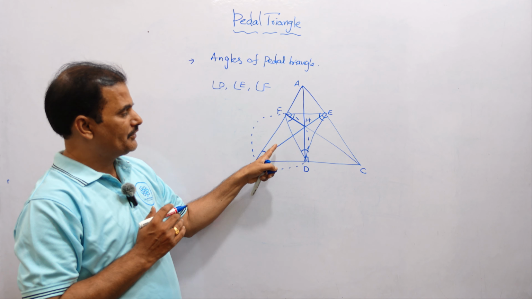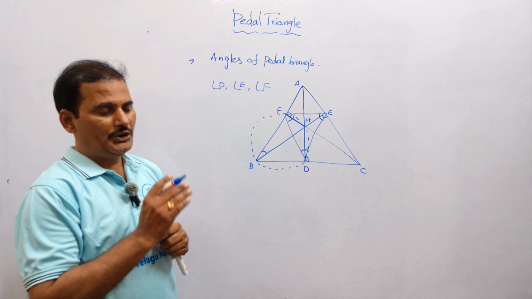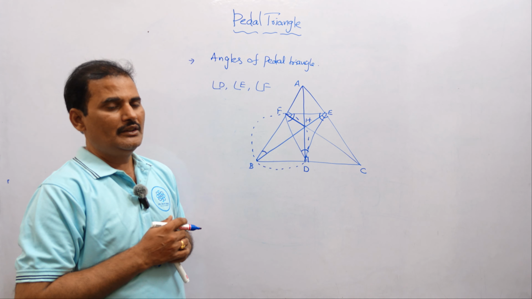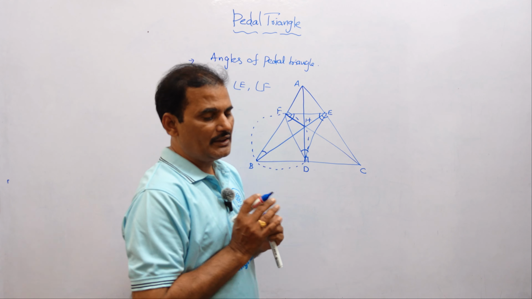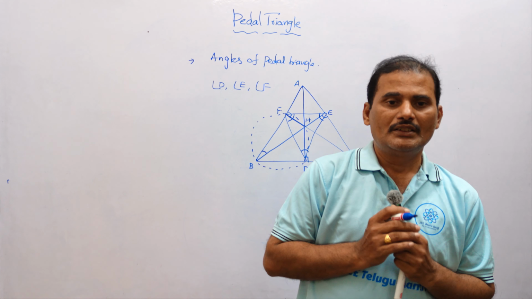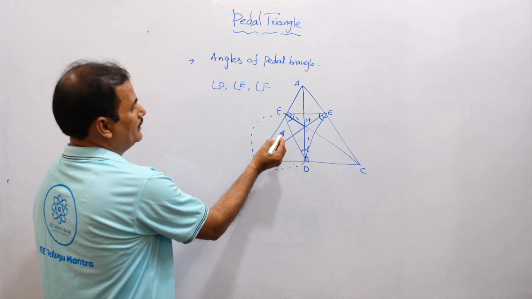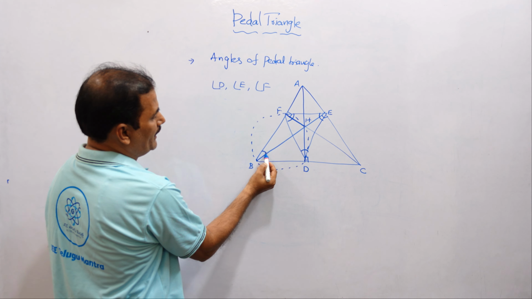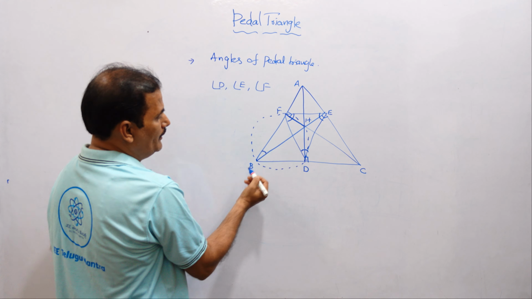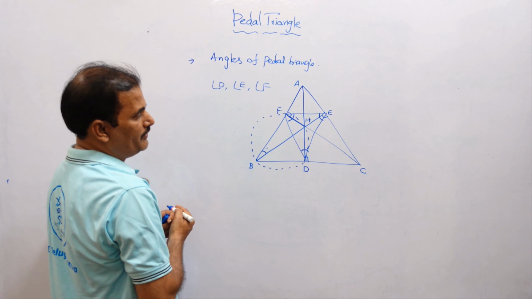This is the minor segment and this is the major segment. We know that in the circles topic, angles in a segment, major or minor, are equal. FH is the chord and these 2 angles are in the cyclic quadrilateral. Now what is this angle? First you find out.